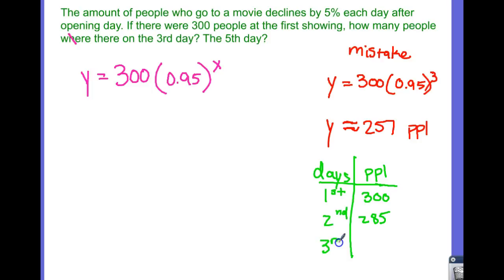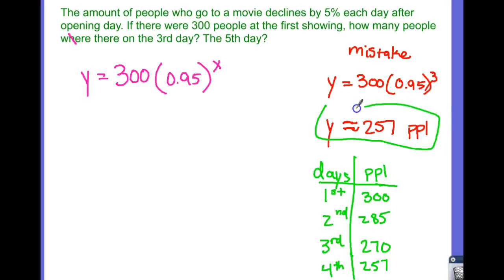On the third day, we lost another 5%. We should have 270 people there. On the fourth day, we lost another 5%. We have 257 people there. So what was the mistake? Where do we see 257 people? That's there. Why can't I throw 3 into there?